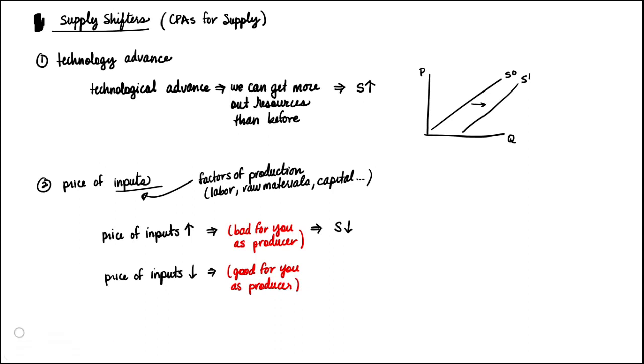So if that's good for you, then obviously supply is going to go up. So technological advance, number 1, that's pretty easy. Number 2, price of inputs, also pretty easy.